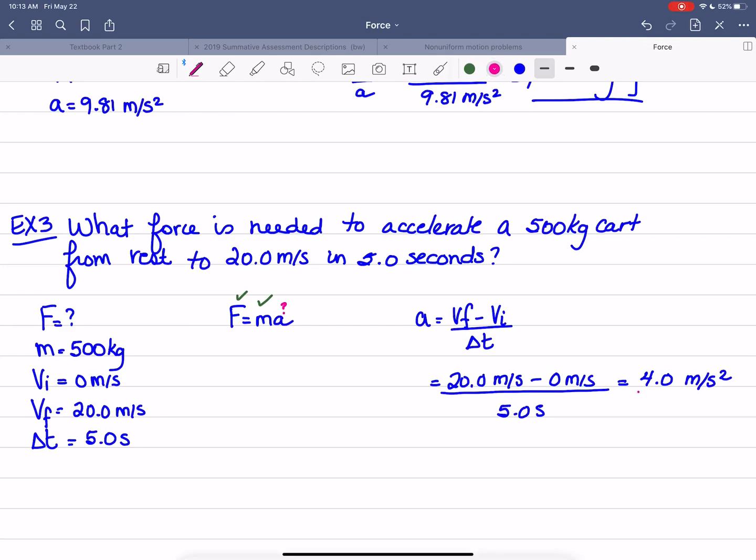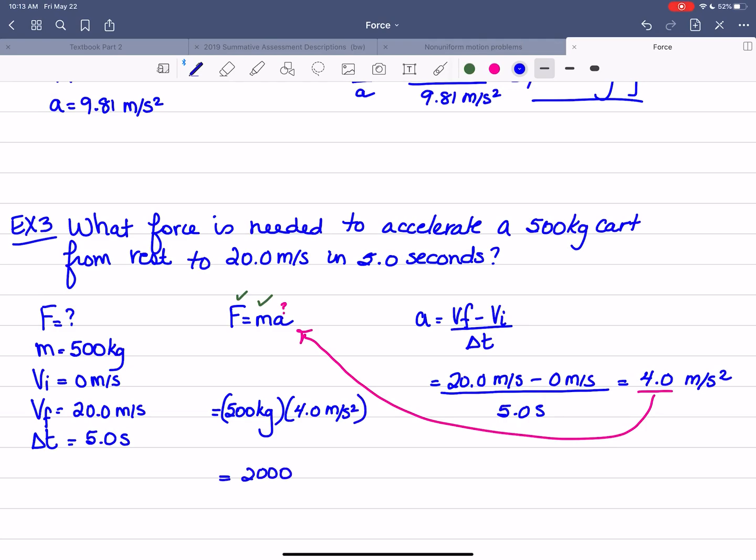Now this number can be applied to that formula. So I have 500 kilograms, 4.0 meters per second squared, and I end up with 2,000 newtons, or in this case I need my answer again in 2 significant digits, 2.0 kilonewtons, or 2.0 times 10 to the 3 newtons.